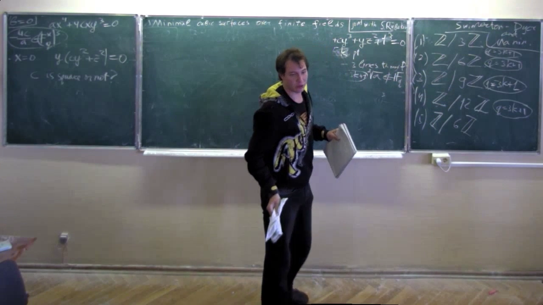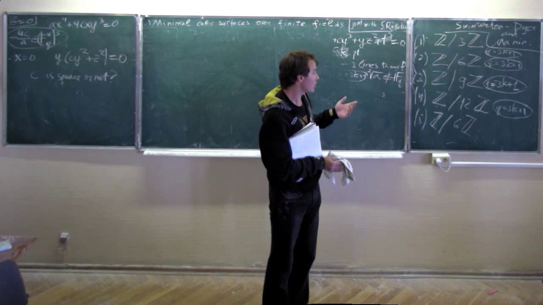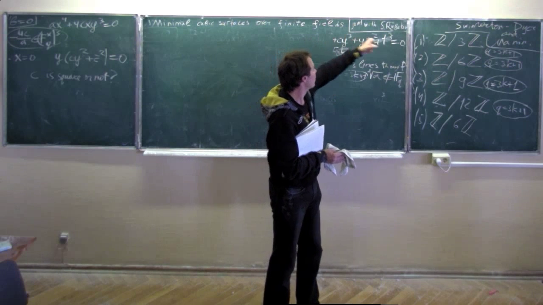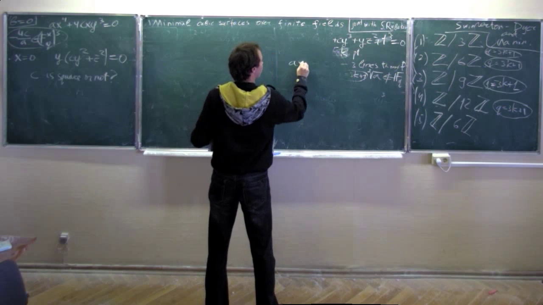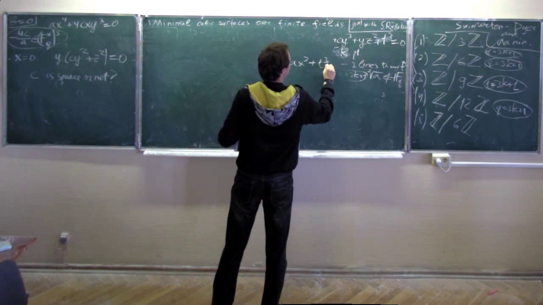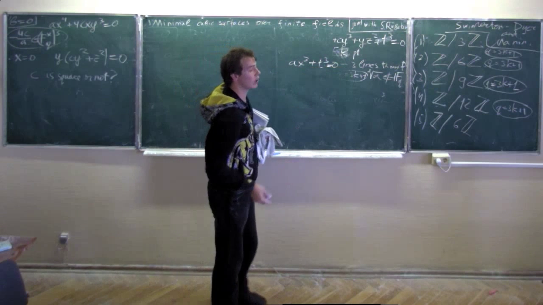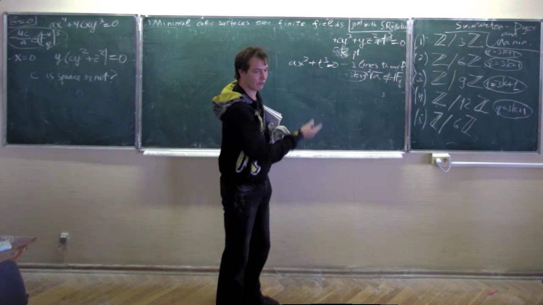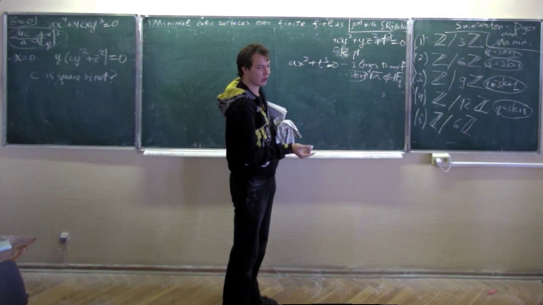Not the particular equation, but the whole construction of cyclic cubic surfaces. This equation of 3 lines passing through 1 Eckart point, for 3k plus 2, has 1 solution.